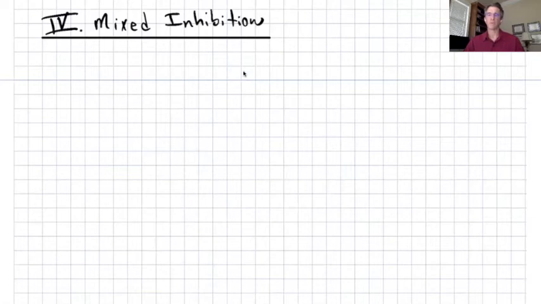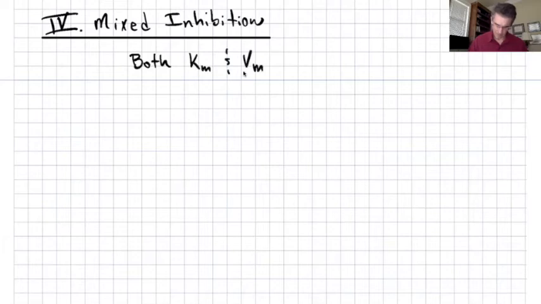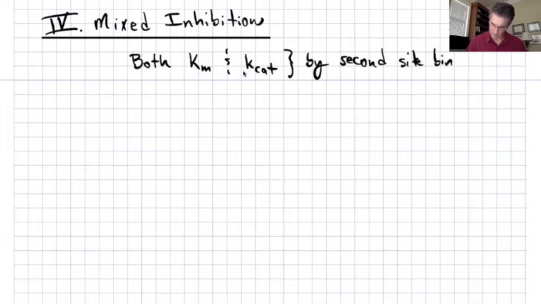What's far more common for inhibiting small molecules that bind to second sites on enzymes is for that small molecule to impact both Km and Vmax, or I should say both Km and Kcat, ultimately Vmax, by second site binding, right?